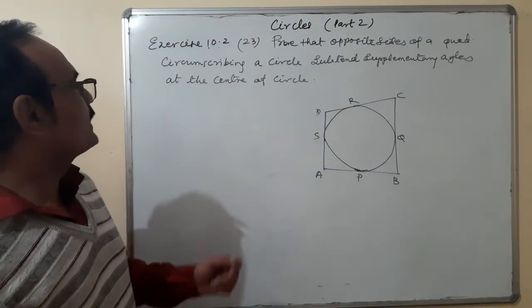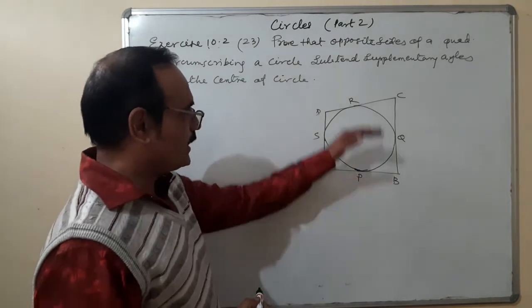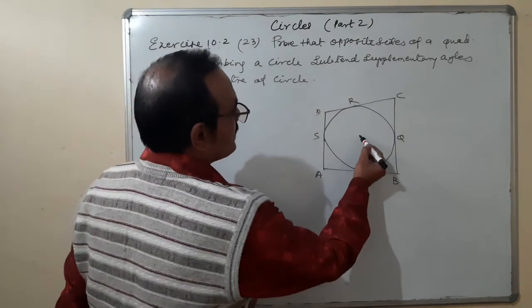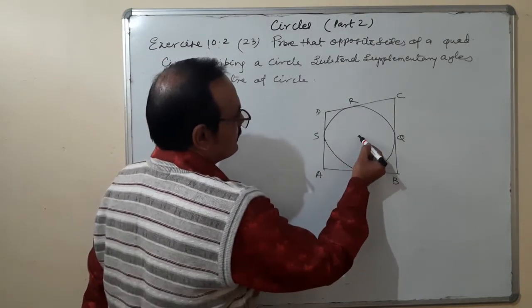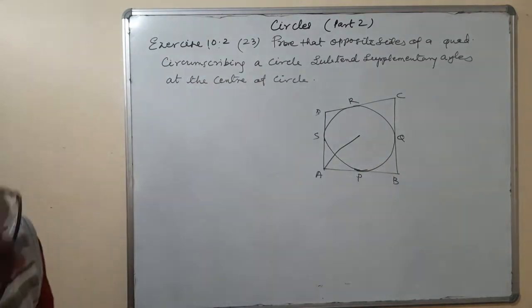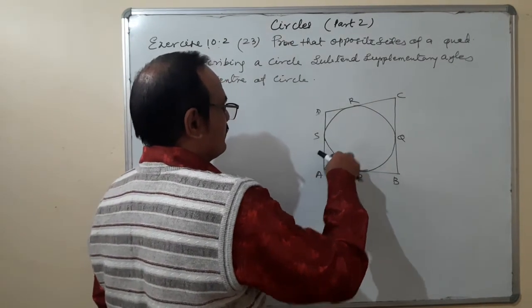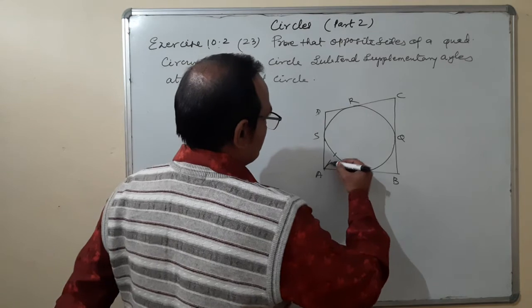Opposite sides of the quadrilateral, AB and DC, are subtending angles at the center.